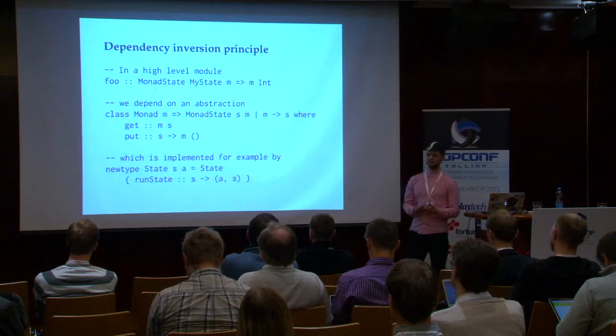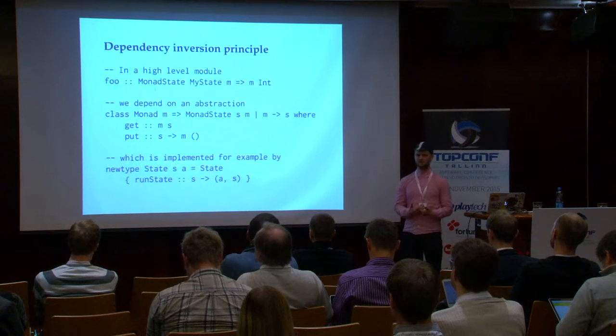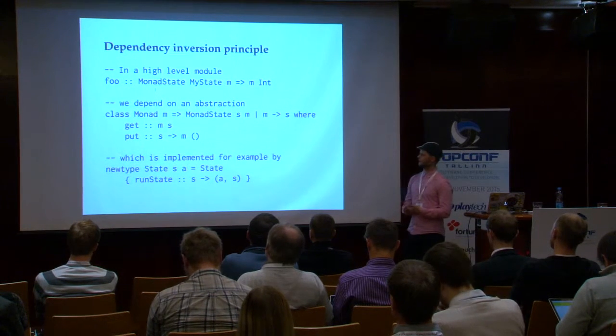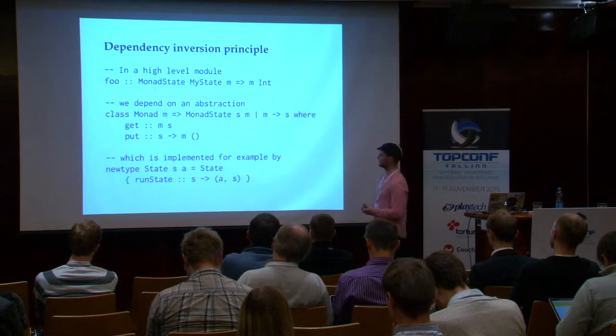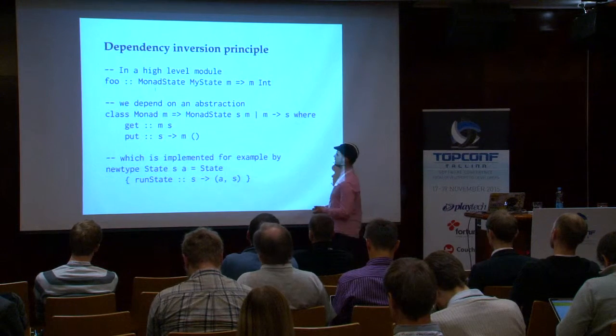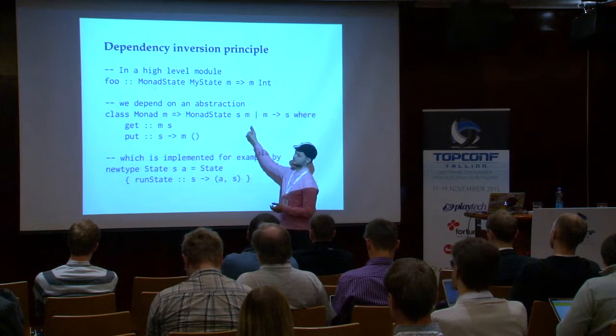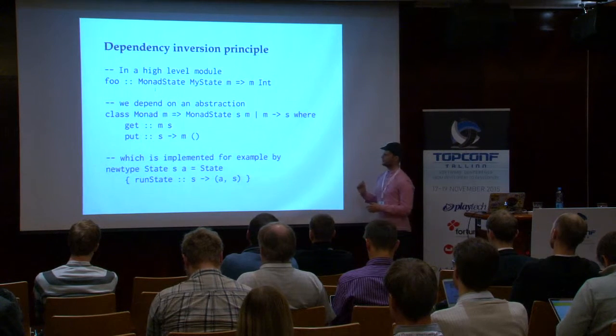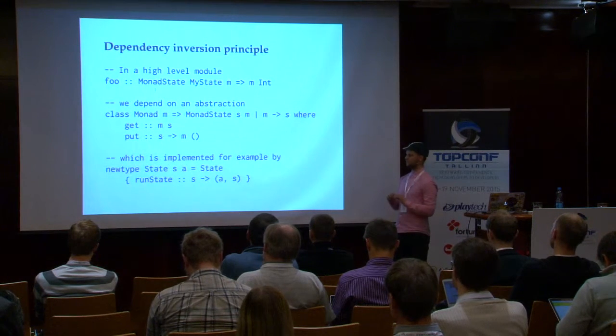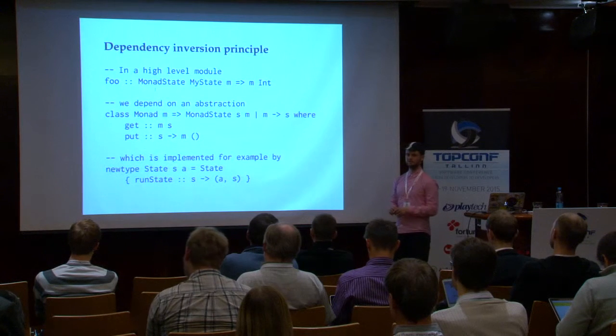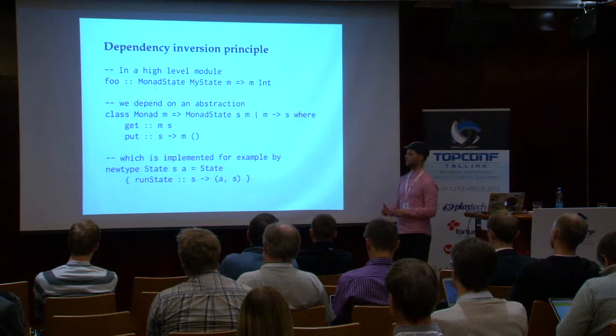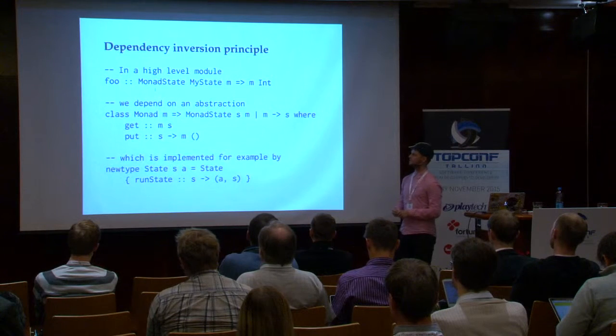In different languages, we encode contracts a bit differently. In Haskell, there's a contract which says MonadState. It's a monad in which I can get state and then I can put it back, some different states. So I can have locally stateful computations.